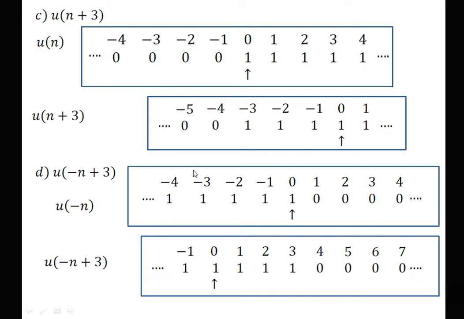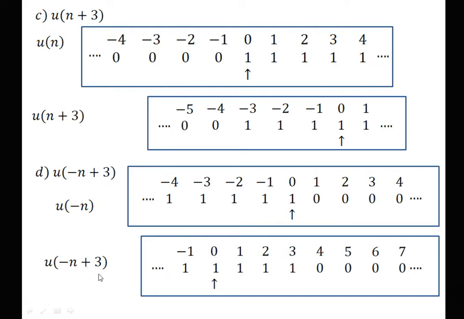This is u of n and this is u of minus n, a totally mirrored image. So all the values 1, 1, 1 are shifted to the negative side, and the negative values are shifted to the right. I have shown the signal only for a few values, so this is an infinite signal which is represented by dashes.